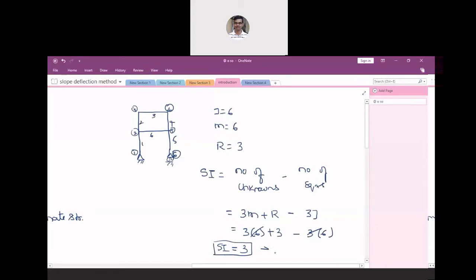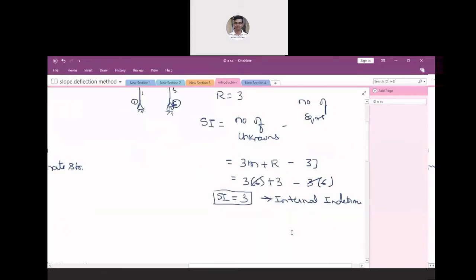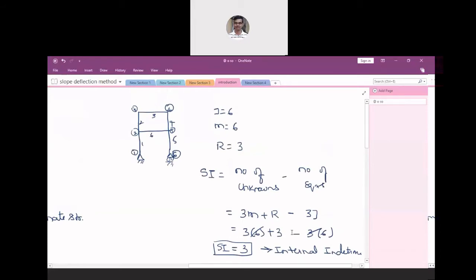So this is an internal indeterminacy, because the external reactions we have only 3, and the equations of equilibrium are 3, so we can easily calculate that.